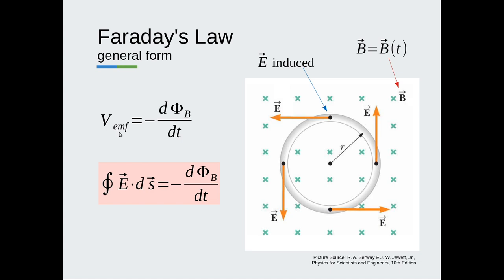So the electromotive force, the potential energy, you can calculate it in a way like if you measure the electric field at each point on your wire and you just integrate it along your loop of the current, then it's giving you the change of the magnetic flux. So this is the general form of Faraday's law for arbitrary shapes.